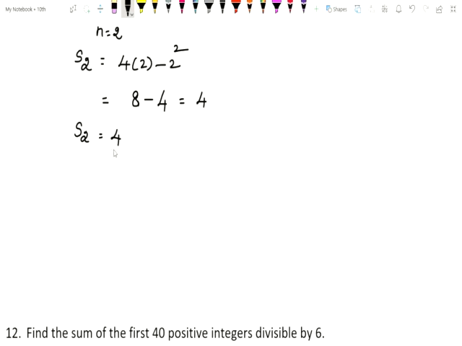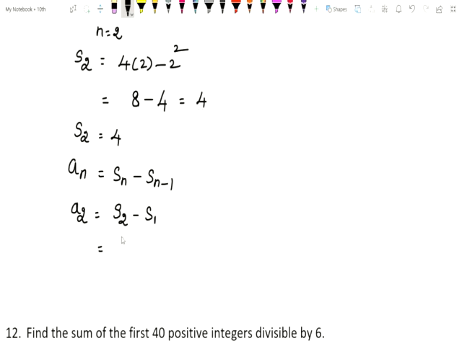Next we need to find out the second term. Second term means A2. But we know that An equal to Sn minus Sn minus 1. Here which term we need to find out? The second term. So A2 equal to S2 minus S1. What is the S2 value?